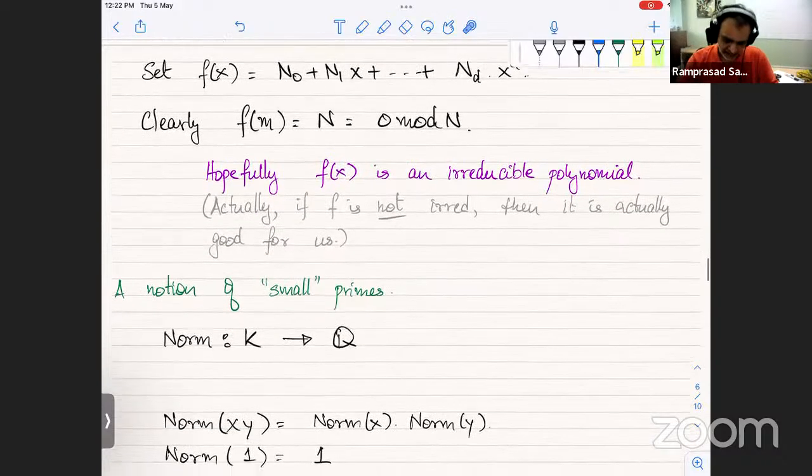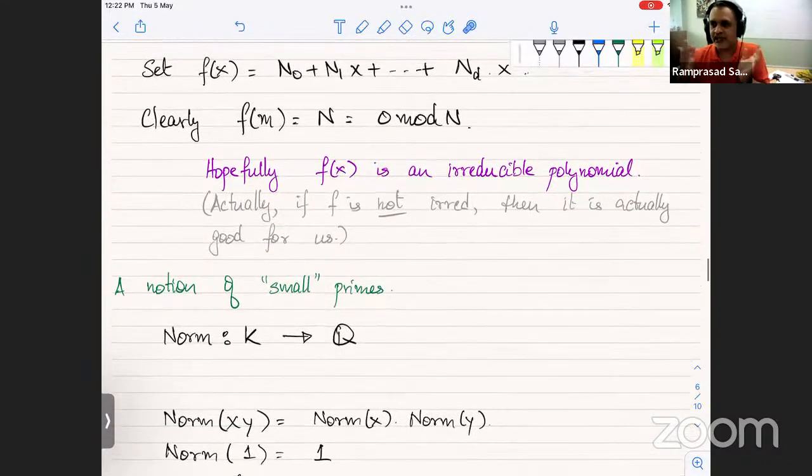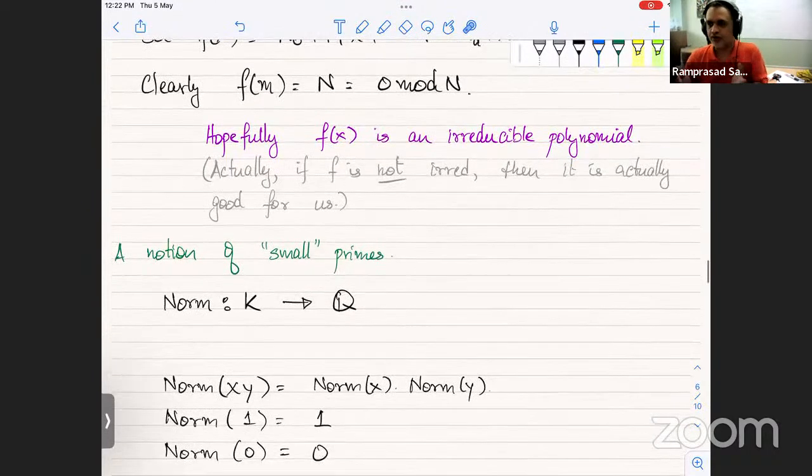And what are the properties I would like? I would like this norm to be multiplicative, in the sense that the norm of xy is the norm of x times the norm of y. This is usually what you would expect in any sort of length type calculation. And of course, any self-respecting norm, 1 must have unit norm, 0 must have 0.